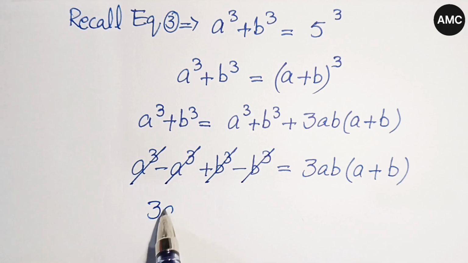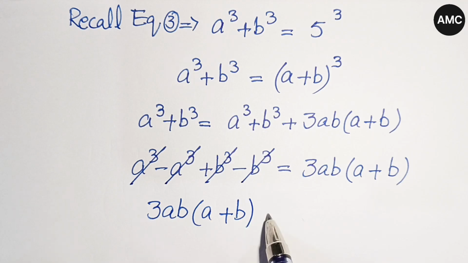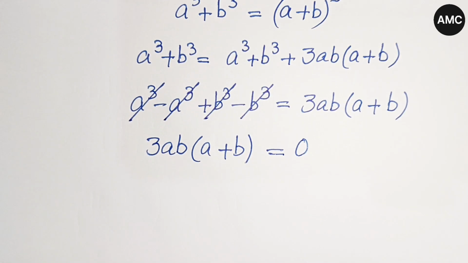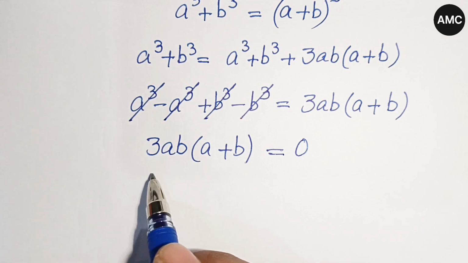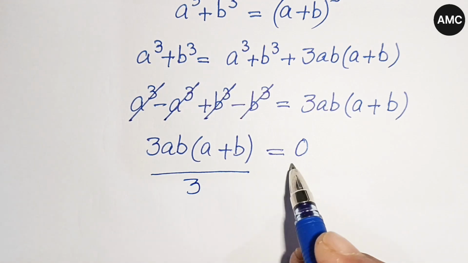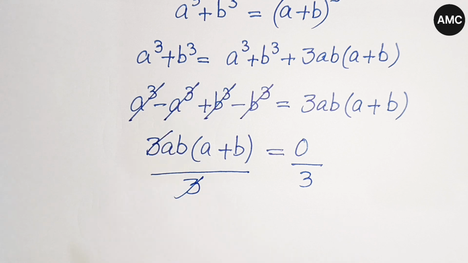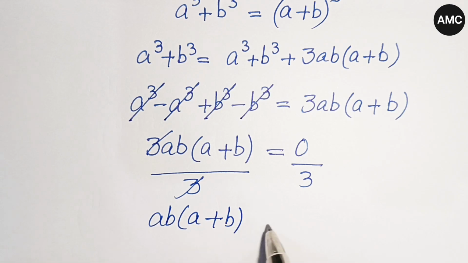We get 3 times a times b times a plus b is equal to 0. Now dividing by 3 on both sides, this 3 is cancelled out. We get ab times a plus b is equal to 0.